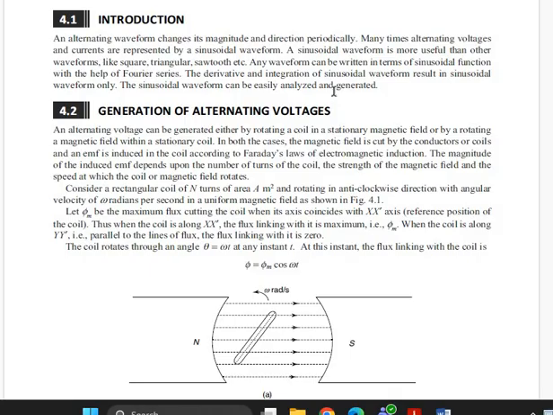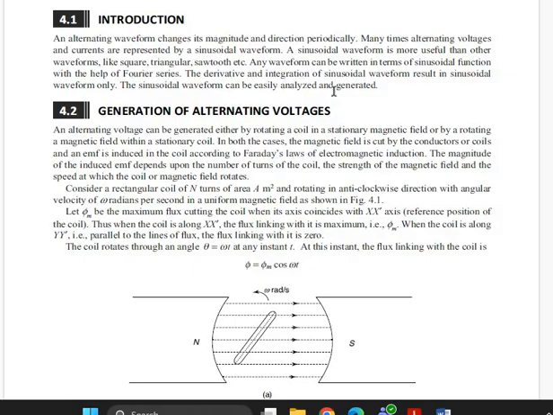Many times, alternating voltages and currents are represented by a sinusoidal waveform. It is more useful than other waveforms like square, triangular, sawtooth, trapezoidal, etc. Because any waveform can be written as a mathematical model in terms of sinusoidal functions with the help of Fourier series.